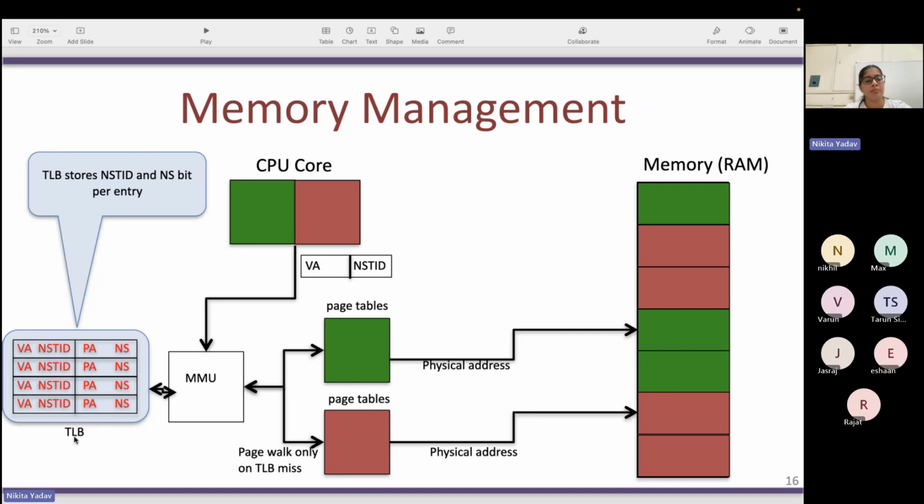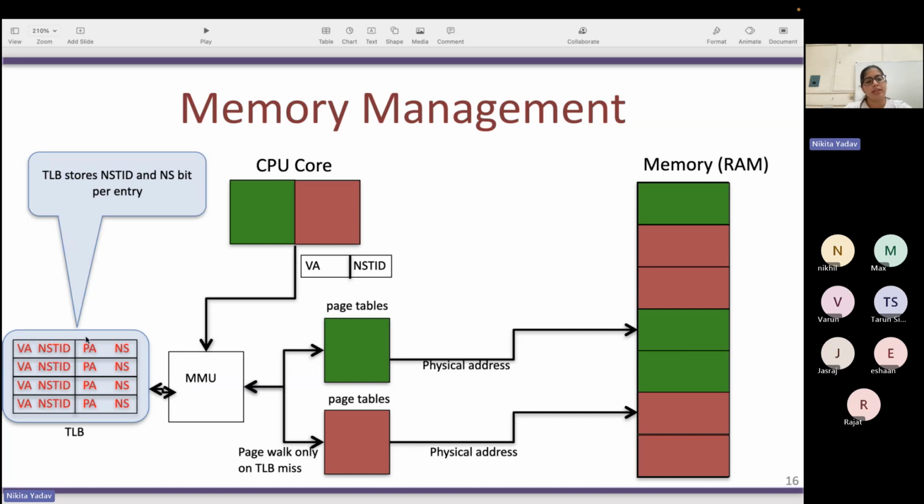But we have a TLB structure, translation look-aside buffer, which caches the virtual address to physical address translations, so that the hardware can quickly find out, okay, I'm trying to access this virtual address, where is this located, and then it can just go directly to this physical address and read from there.